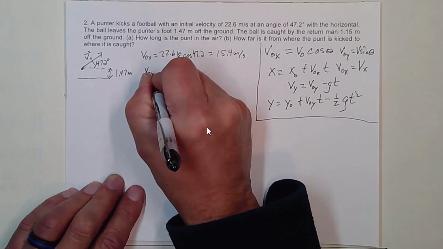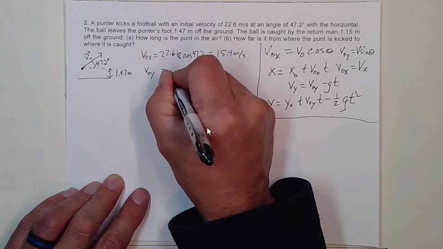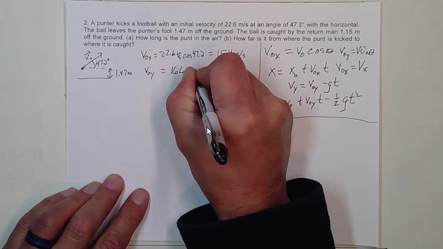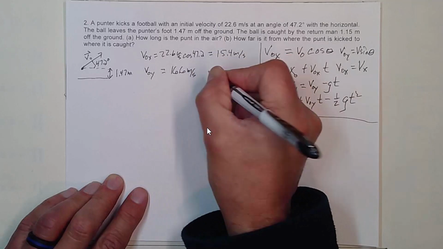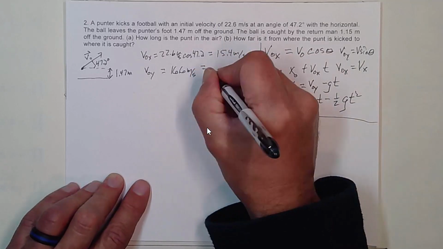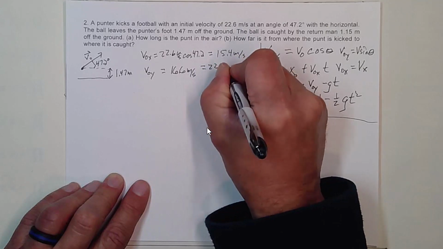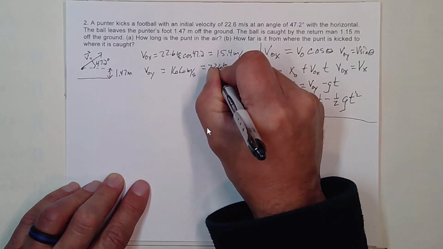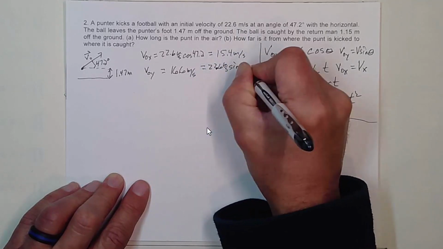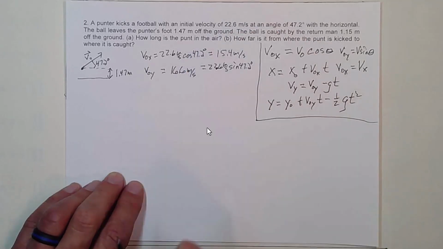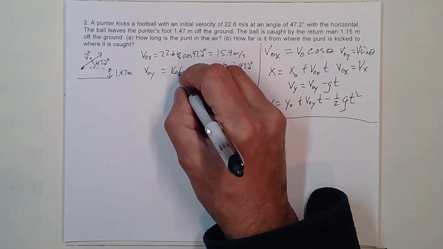V naught y is equal to 16.6 meters per second. Whoops, I already calculated it. Anyway, that was equal to 22.6 meters per second times the sine of 47.2 degrees.